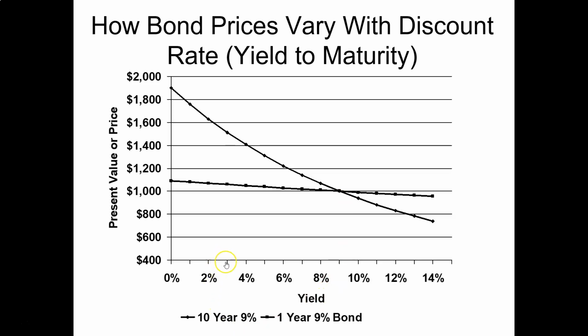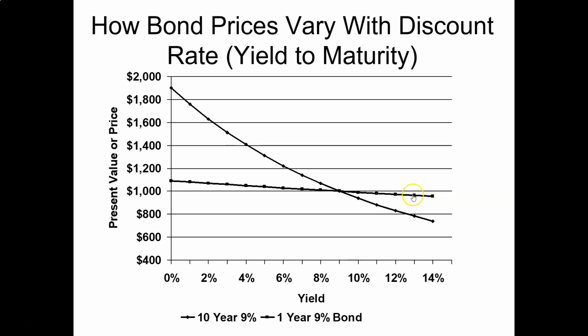If we have this yield rate at 3% lower than the coupon rate, then the market price for this 1-year bond will be at around $1,050. It is slightly higher than the face value of this bond. If the yield rate is 13%, that is higher than the coupon rate 9%, then the market price of this 1-year bond will be at around $980.